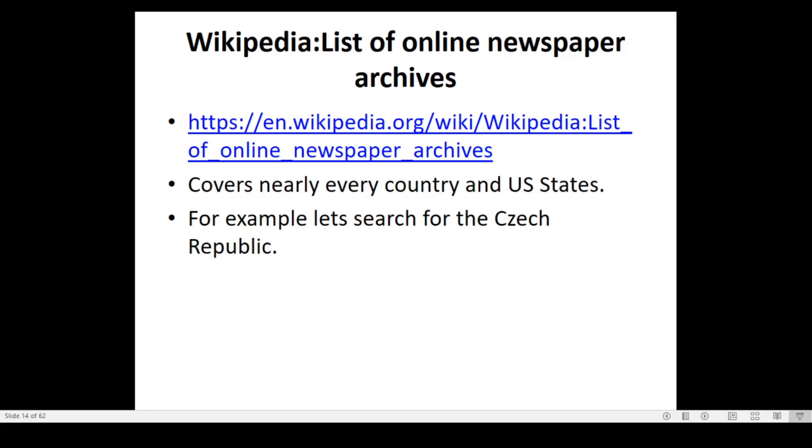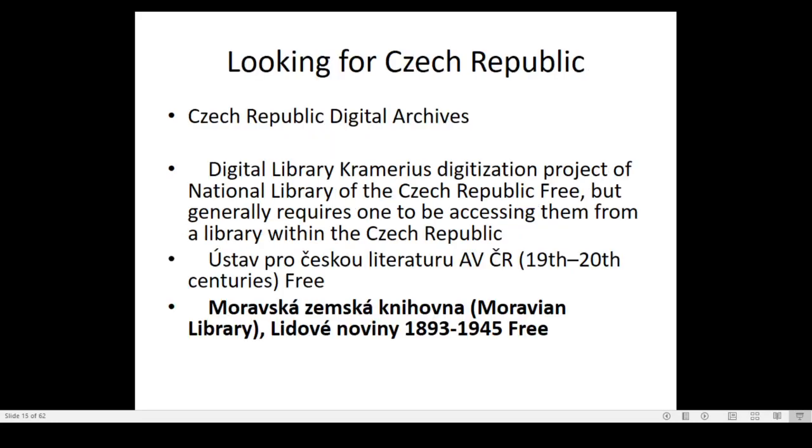So here's an archive, there's the address, and it's in your handout. It's Wikipedia, it's a list of online newspaper archives. And if you go there, it lists every country and US states. For example, it lets you search for Czech Republic even. So here I decided to do a little search for Czech Republic, and there were three primary, actually four that were listed. One is an archive. This one here, I had no idea what it was, except that it said that you basically needed to be in a library in the Czech Republic to use it.